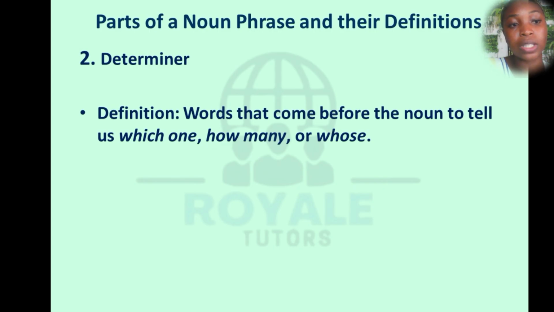They come before the noun and they tell us which one, how many, or whose. That means, which one are you talking about? How many are you talking about? Whose are you talking about? Or we say, who is the owner of this thing you're talking about? That's what whose means. So now let's go on to the examples we have.